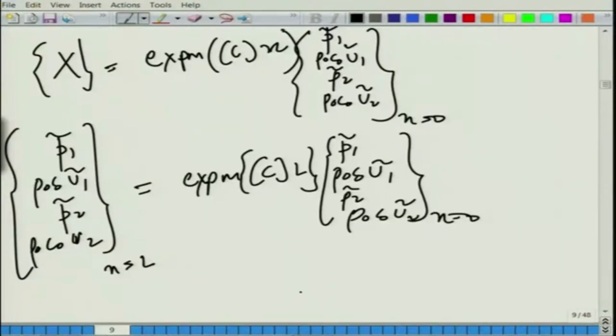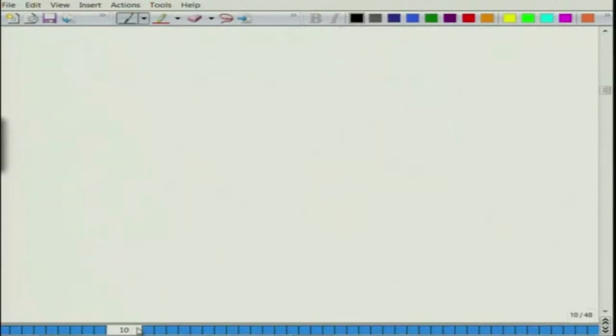Now, in transfer matrices we usually relate things that are upstream to those downstream. So from this equation, we can multiply both sides by e to the power minus CL, that is expm of minus CL, L being the length.